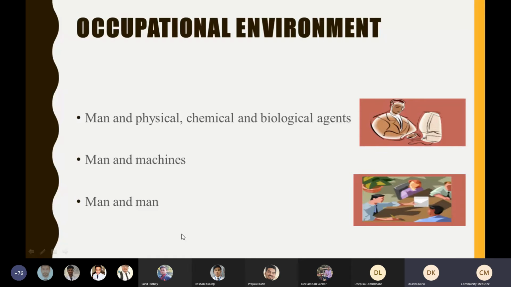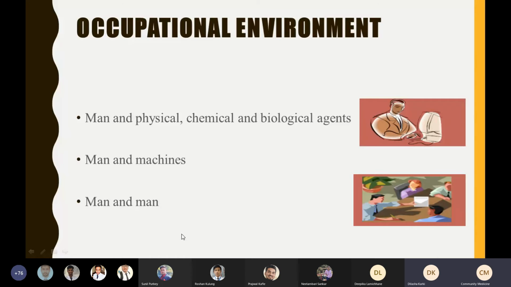When we talk about the physical type of agents, there are different types of physical environments. The physical factors in the working environment which may have an adverse effect on health are heat, cold, humidity, air movement, and also heat radiation. Some of the jobs are linked with glass and steel.